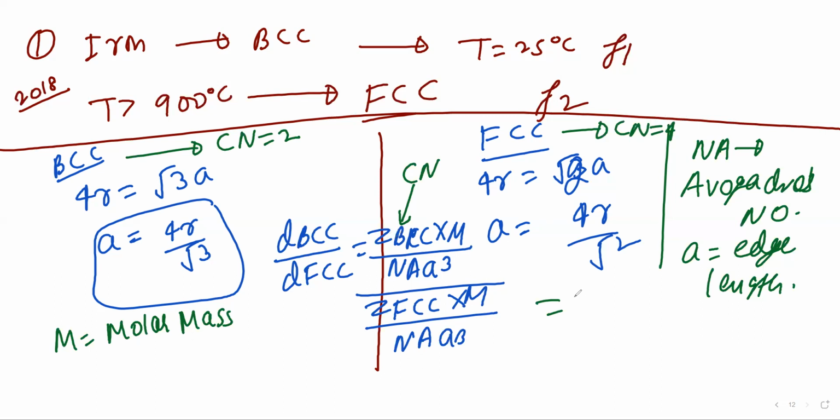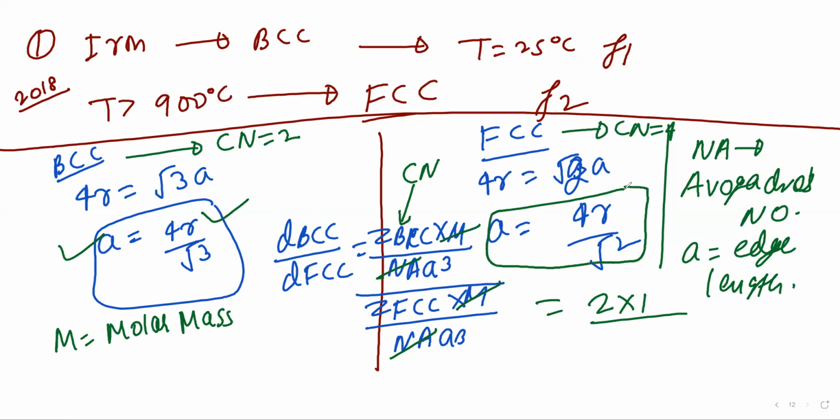So put the value. Coordination number is 2. Here molar mass is the same, so that will be cancelled, right? The Avogadro number part is also cancelled, right? So put the value of A. A for BCC is this one and for FCC is this one.